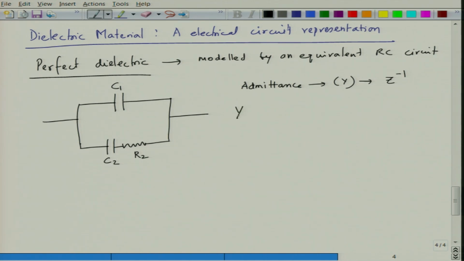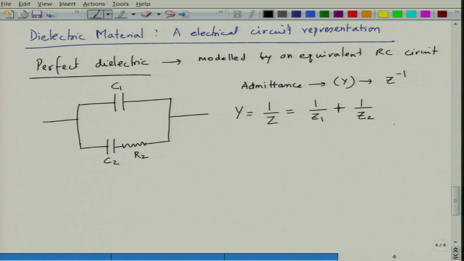So, one can write Y is equal to 1 over Z, and this will be 1 over Z1 plus 1 over Z2. Okay. And why this circuit has been chosen will also become a little clear as we go on. It is not all that coincidental, it is not a fluke, there is a logic to it. So, we will see that in a little while.